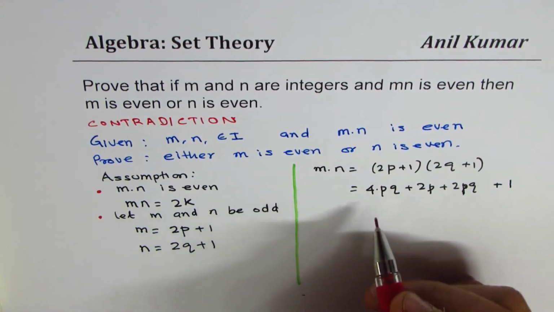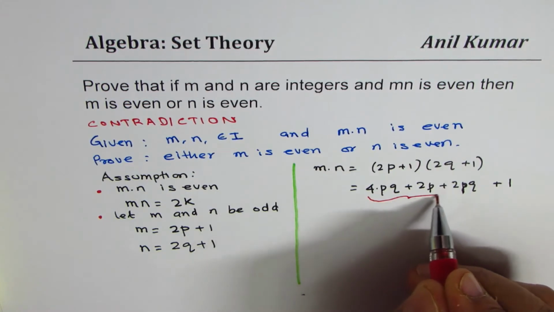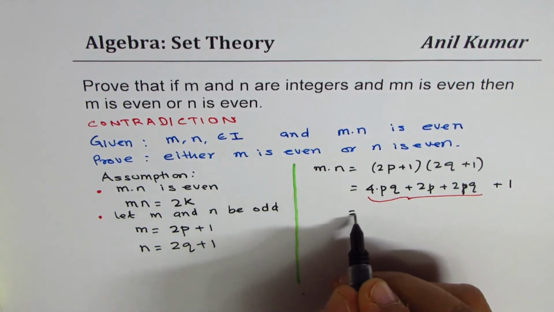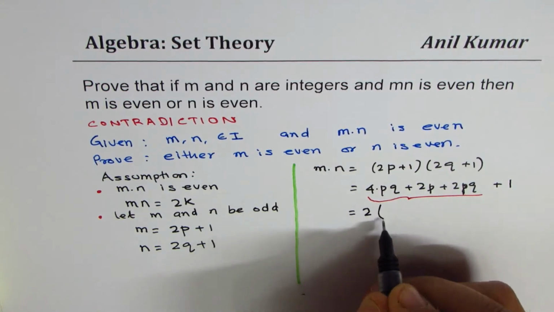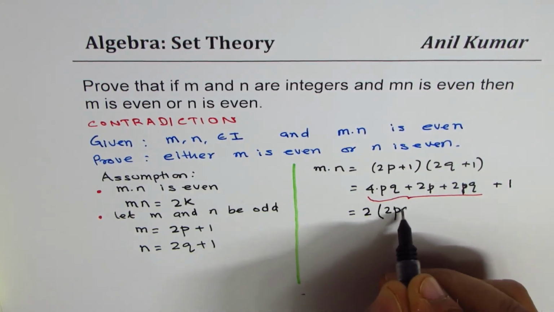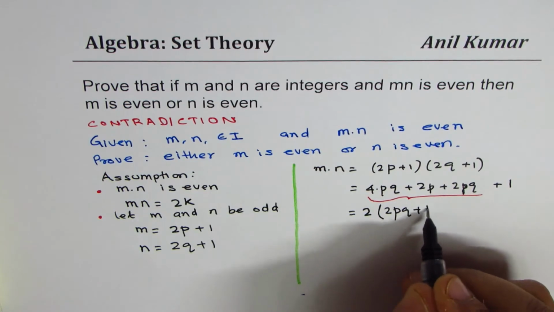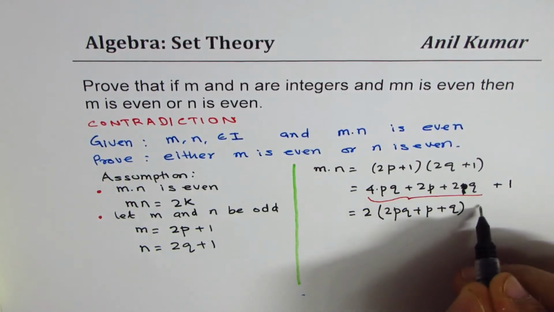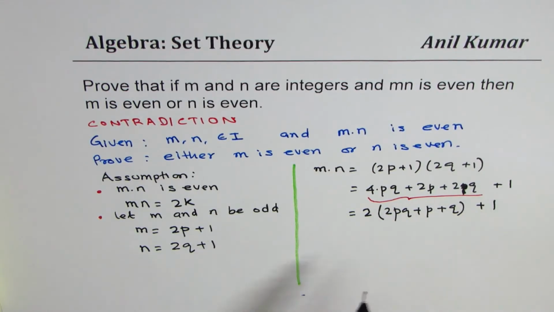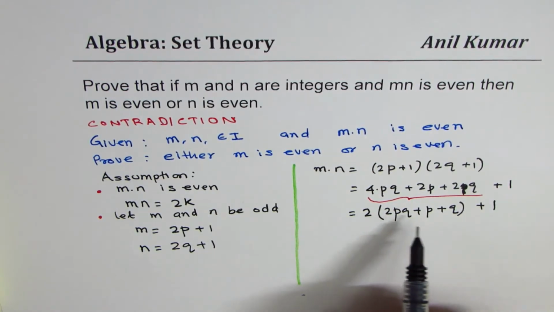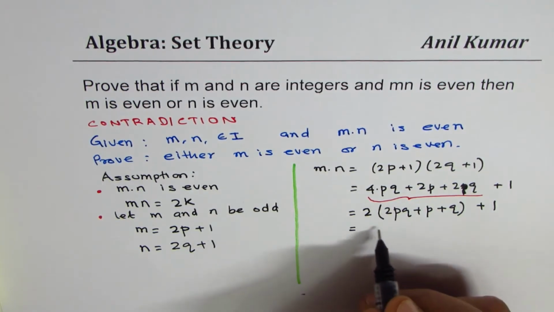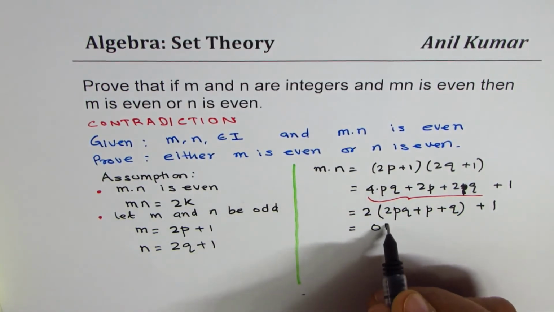Now clearly what you see here is all these terms have 2 in common, so these are even. I could write this as 2 times (2pq plus p plus q), plus 1. Now twice anything plus 1 makes it odd, right? So that means the product is odd.